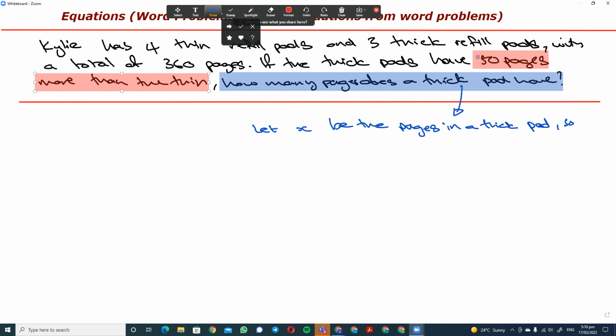How would I write that equation over there? If this is x, that means I would have to minus 50 from x to get the thin. Does that make sense?